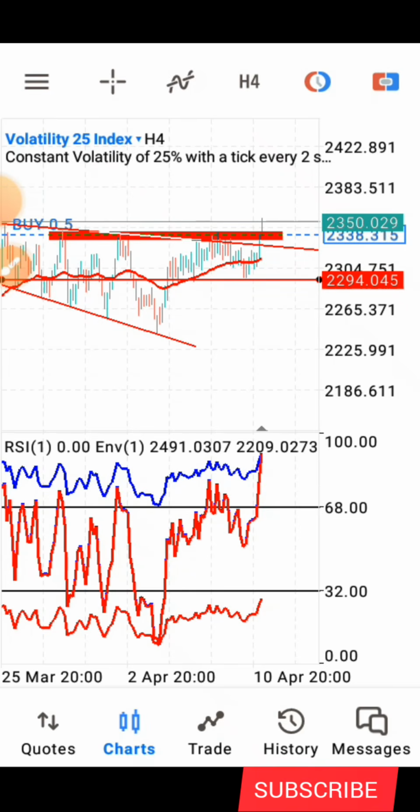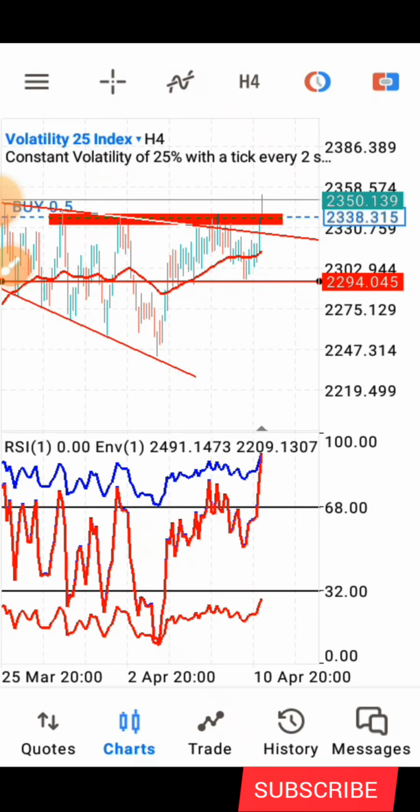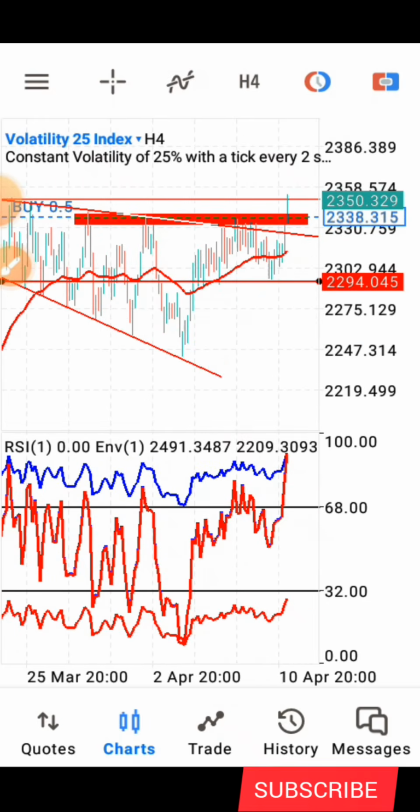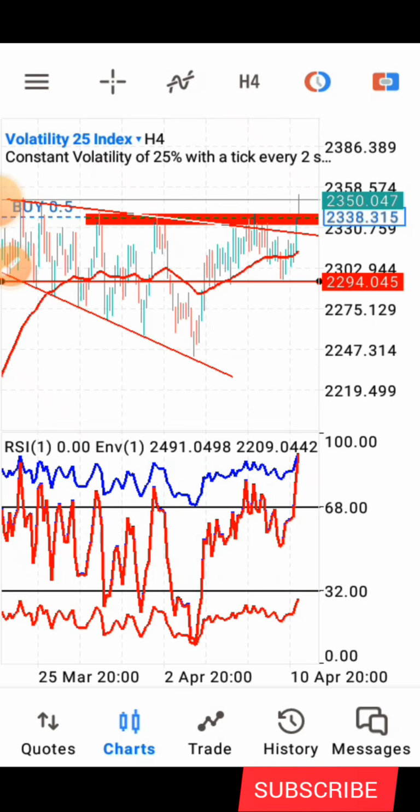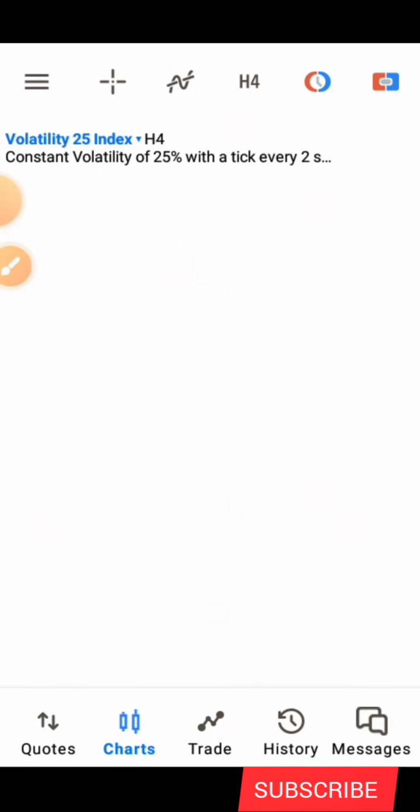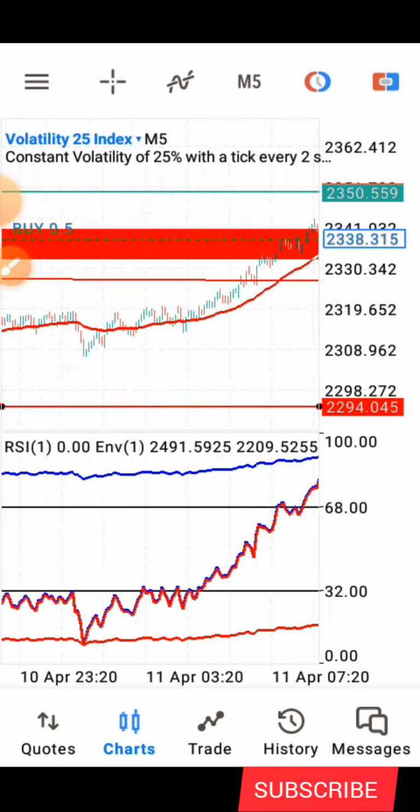So with price action also, you can get powerful entry. So that's what I did here. This is a very long-term trade. It's going to take like 2 or 3 days for it to get to my TP. So that is all about that.